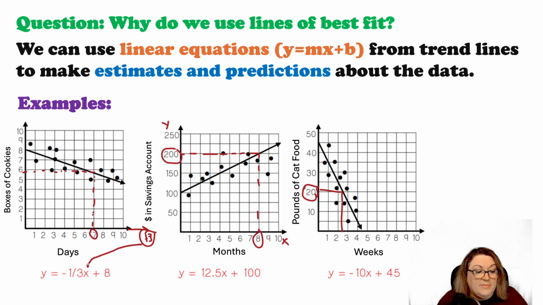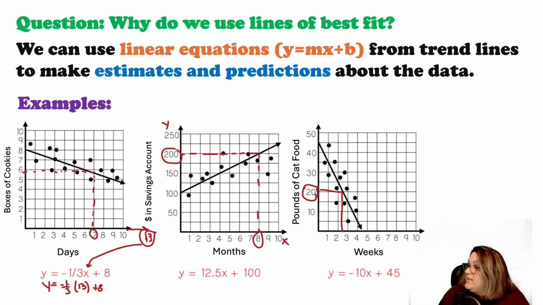I can literally substitute it in place of the x and then solve it to get an approximate idea of what my y would be. So this is -1/3. And if I multiply that times 13 and then add 8, it should give me my y value, right?